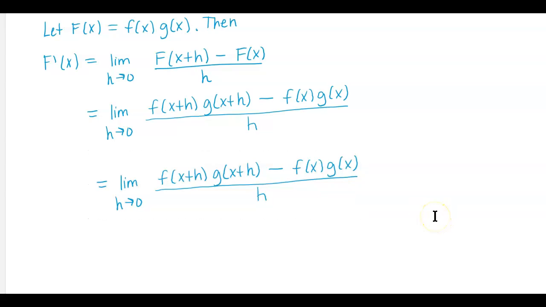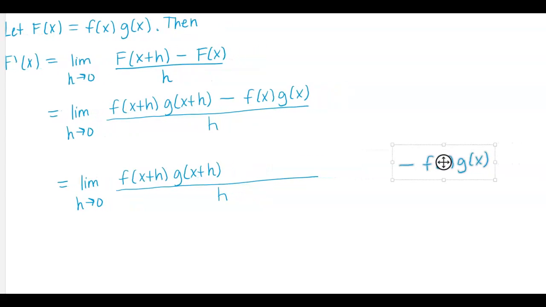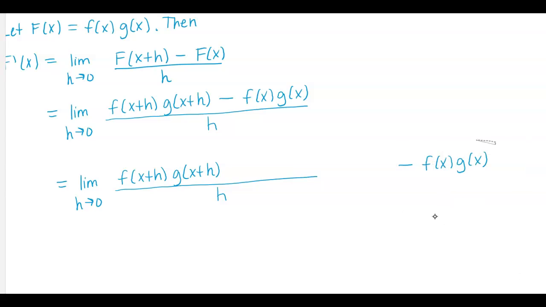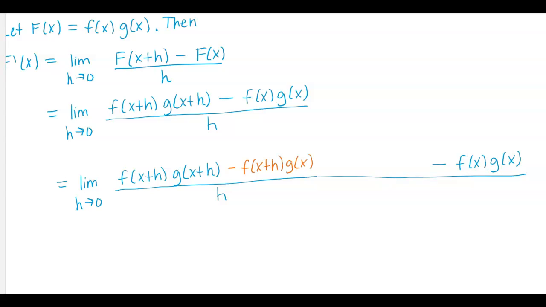I'm going to move this part over a tiny bit more, because I'm going to write something in the middle here, so I want to have some room. So I'm just expanding this fraction. And in the center, I'm going to subtract off f of x plus h times g of x. And I'm also going to add the exact same thing.